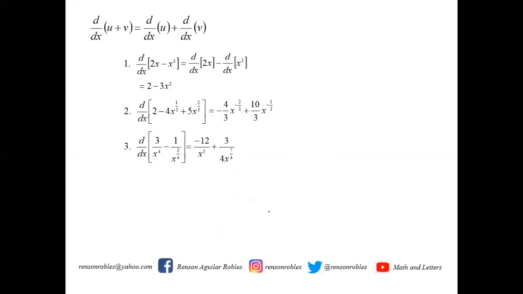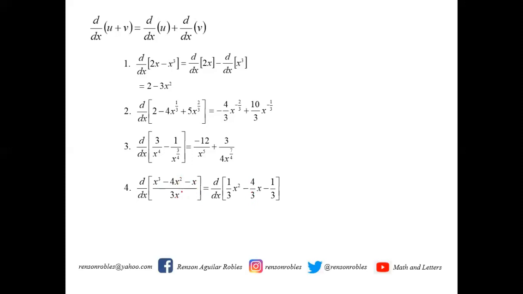Okay, next. The derivative of x cubed minus 4x squared minus x all over 3x. You will notice that there is 3x in the denominator. So what we are going to do is distribute this 3x to each term in the numerator. You call it the distributive property of division over addition. And we shall have 1/3 x squared, so that's x cubed over 3x is 1/3 x squared. Then minus 4x squared over 3x is negative 4/3 x.